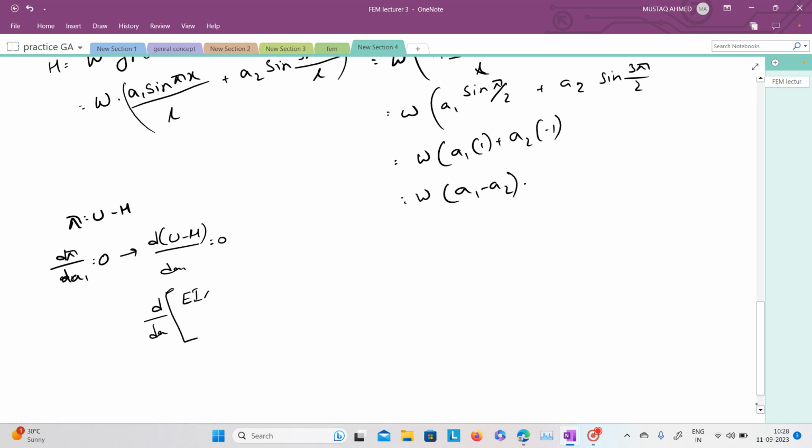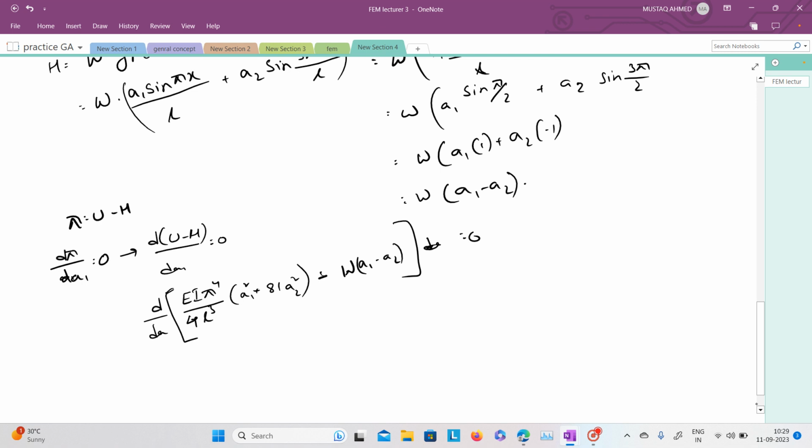EI pi power 4 by 4 l cube into a1 square plus 81 a2 square, minus h, which is w into a1 minus a2. Differentiation equal to 0.